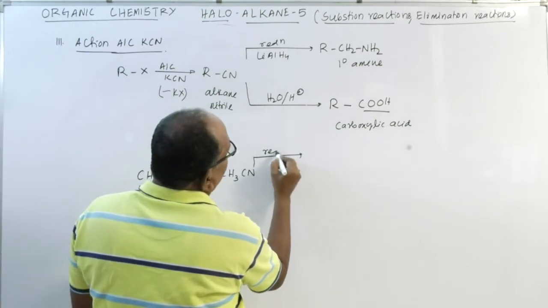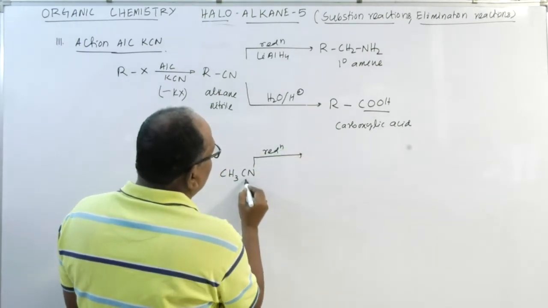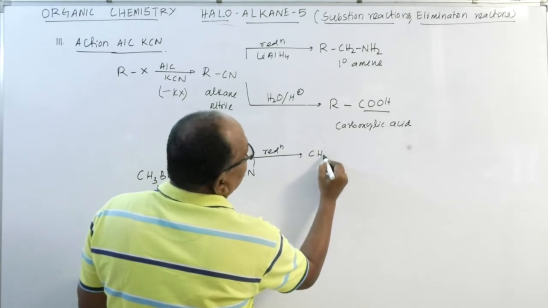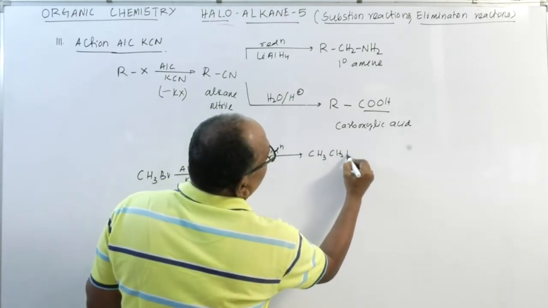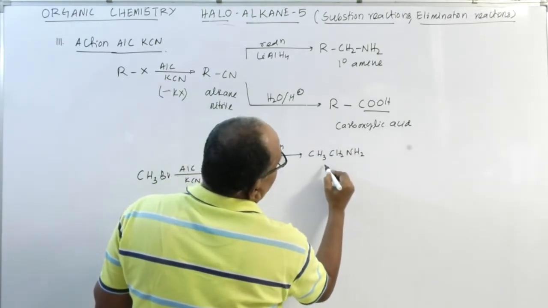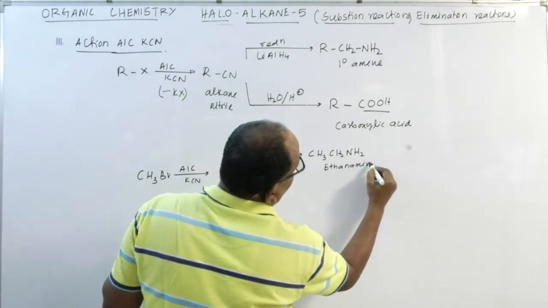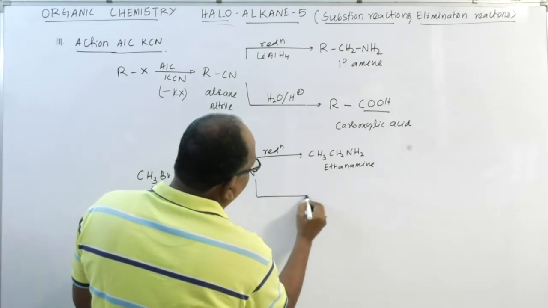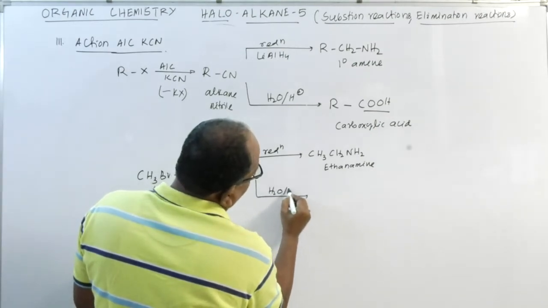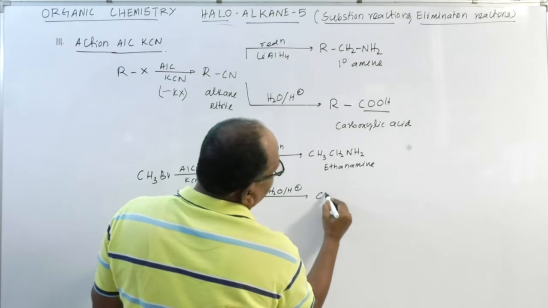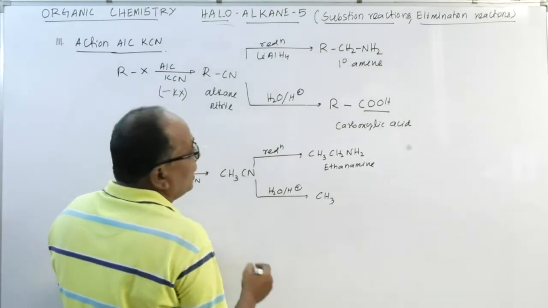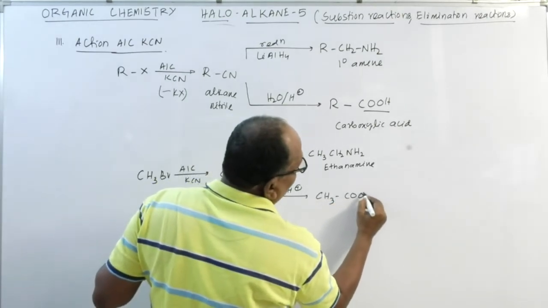On reduction, this group will reduce to give CH3CH2NH2, which is ethanamine. On hydrolysis, it gives CH3, and this group hydrolyzes to give COOH.